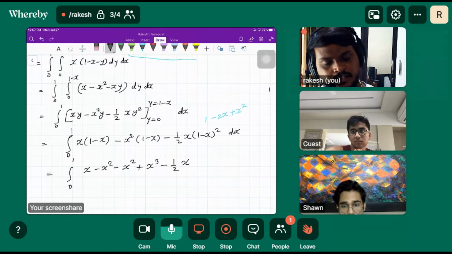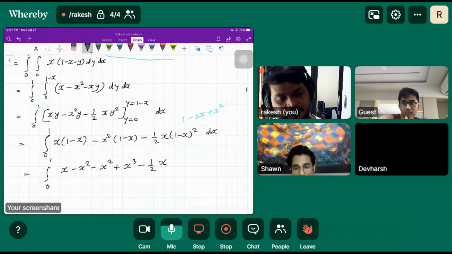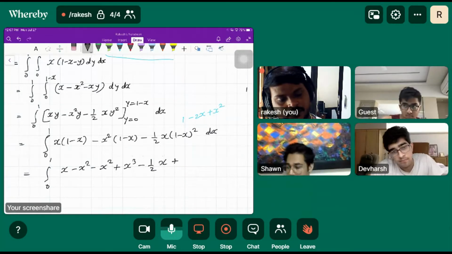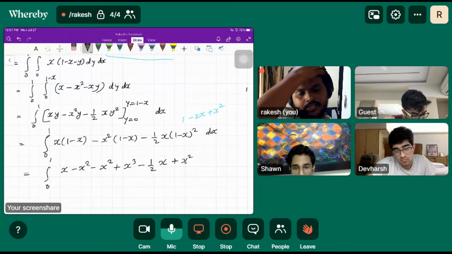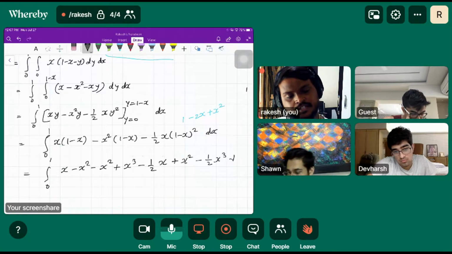I made a mistake there. Half x plus 2 will cancel out. We are left with x square, and then minus half x cube dx.